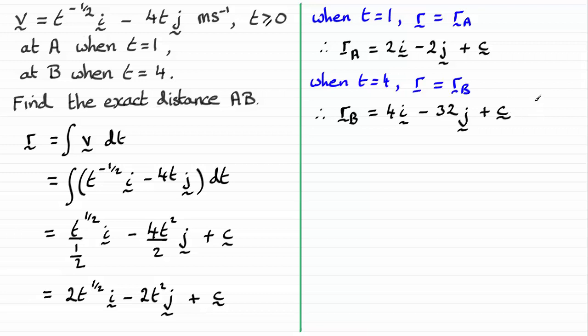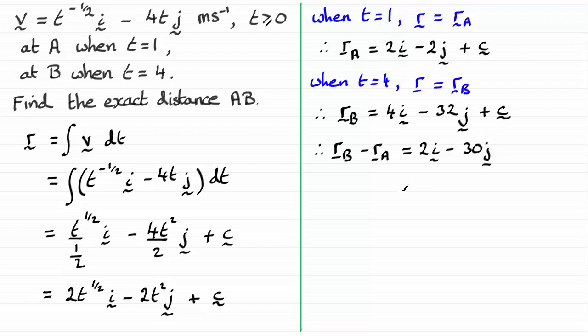Now what I'm going to do next, remember, is we're going to work out what RB minus RA was. So therefore, if we do RB minus RA, then you see that these two constants c will cancel one another out. So if you do that, 4i minus 2i, that's going to give you 2i, and minus 32j minus minus 2j comes out at minus 30j.